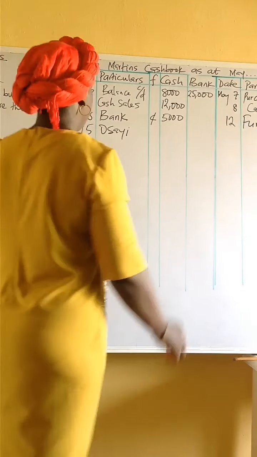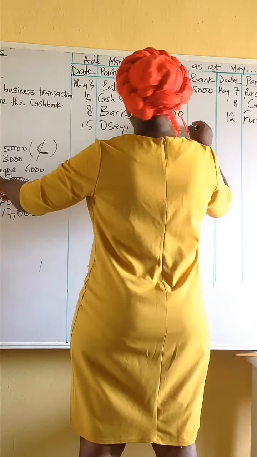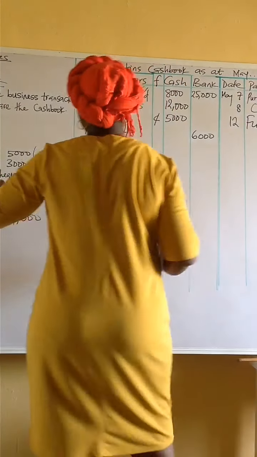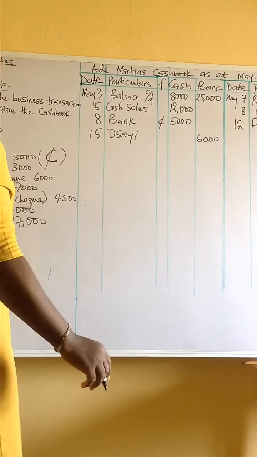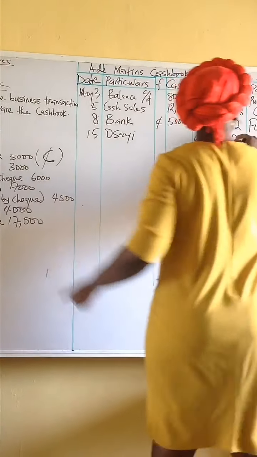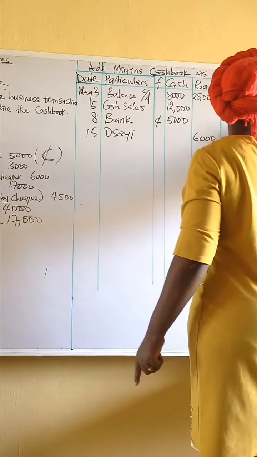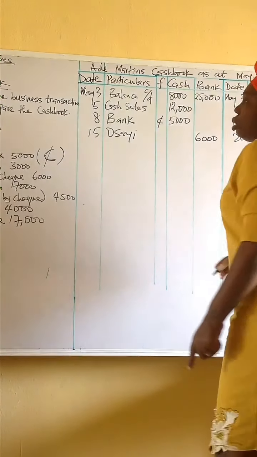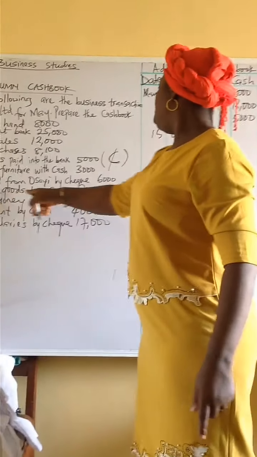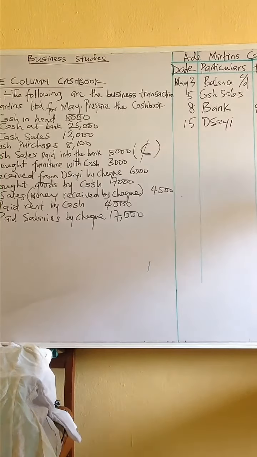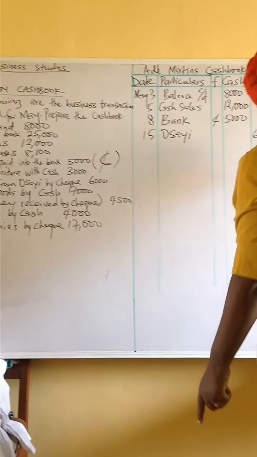Check is what they received. So you record it in the bank column. 6,000 naira. Bought goods by cash. That is purchases on the 20th. Purchases, and you have 7,000 naira by cash.